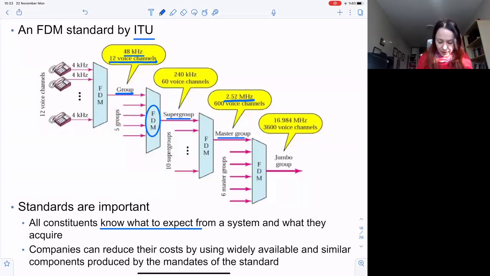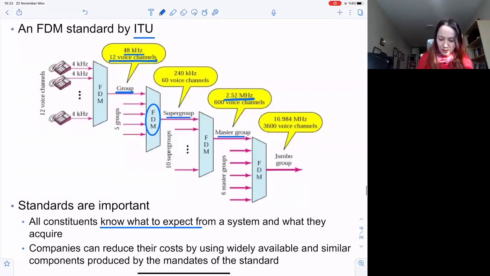And companies reduce their costs by obeying a standard, because the more standards you have to comply with, the more R&D and the more different products you would need to develop.